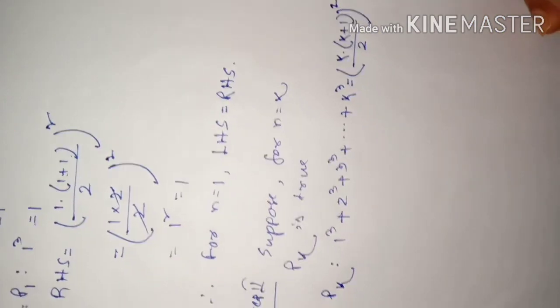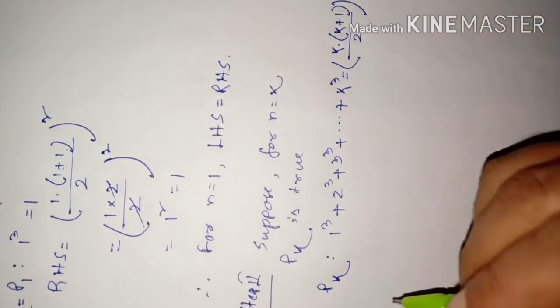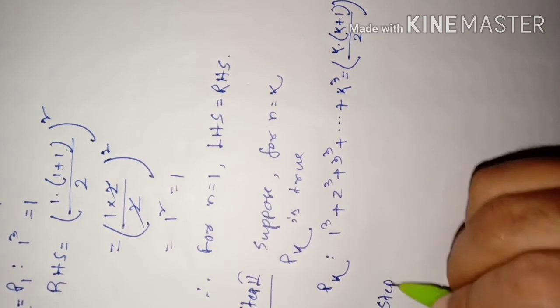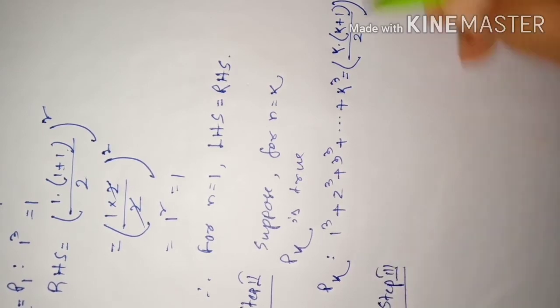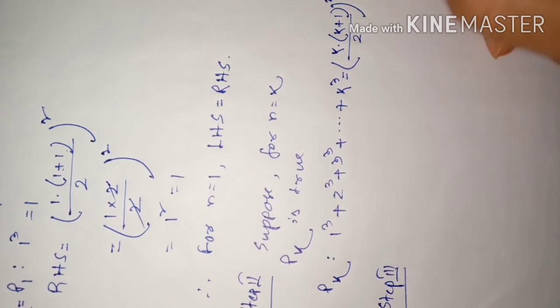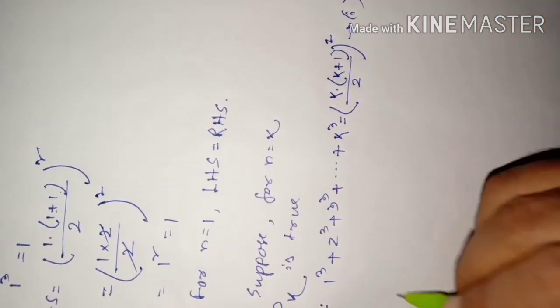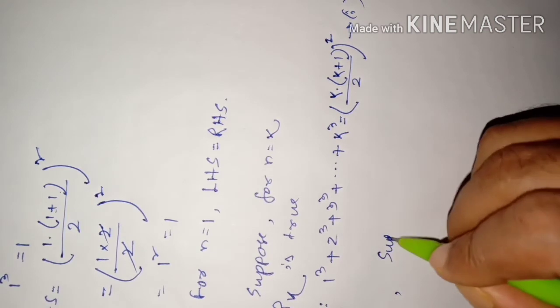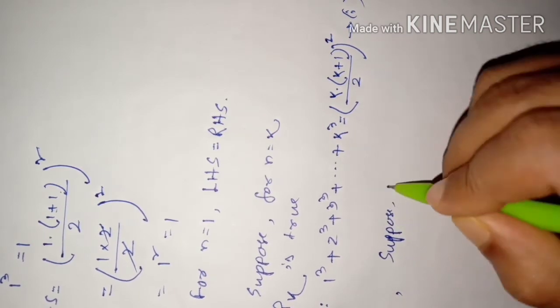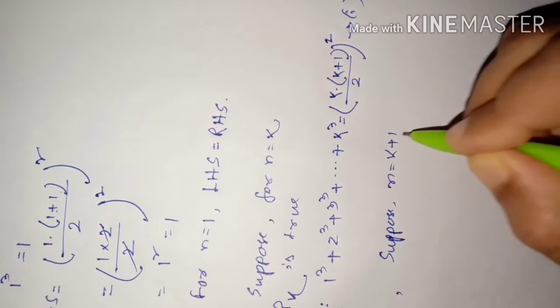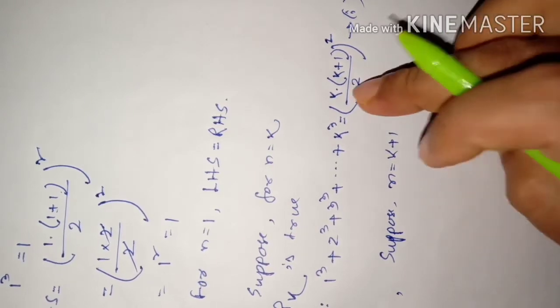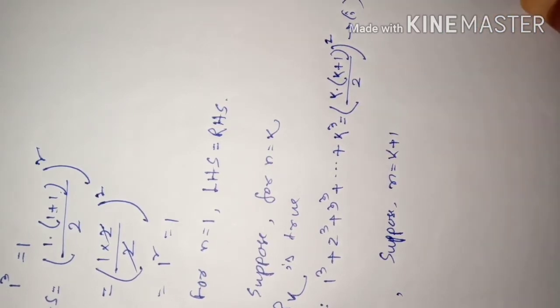Okay. Now step number 3. What you get in step 2, always you mark it as 1. Okay, number it as equation 1. Now suppose n equal to k plus 1, whether for k plus 1 also such an expression we get or not, let us see.